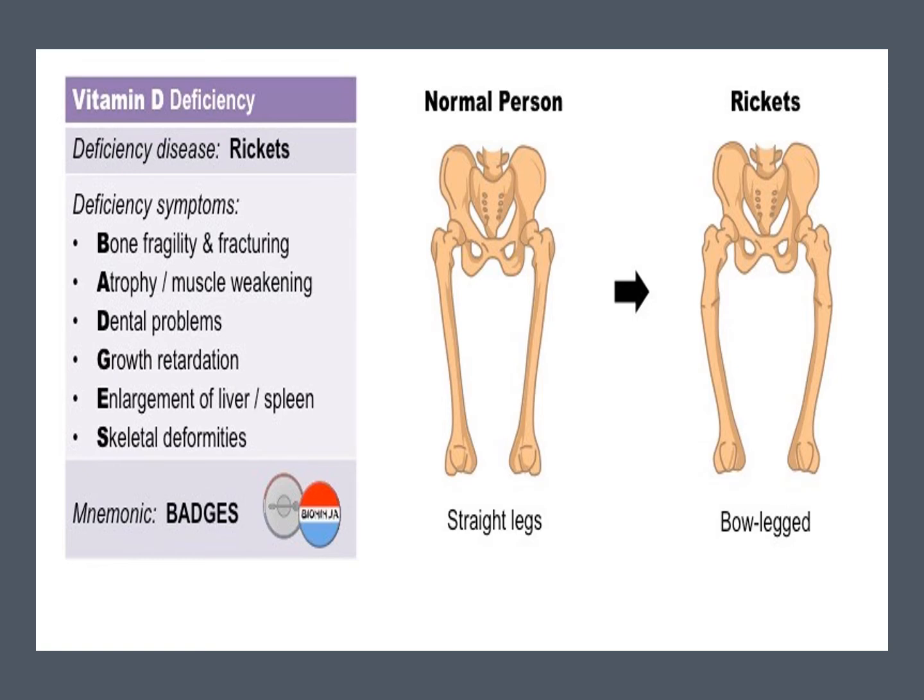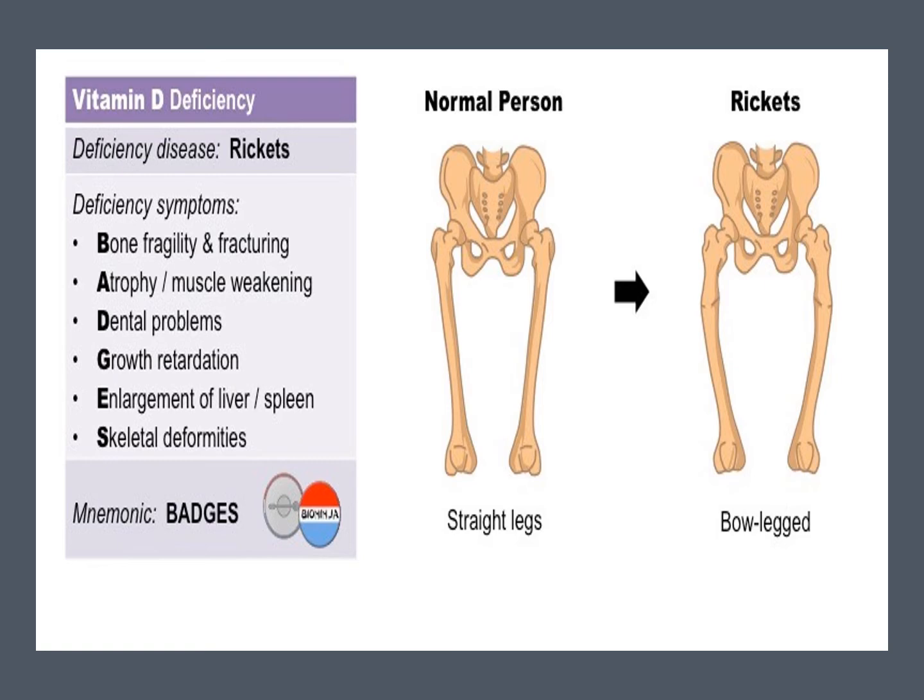So rickets is really poor calcium deposition into the bones, leading to very weak and fragile bones. And if we look at the symptoms, bone fragility and fracturing, so children that have relatively minor injuries that lead to fractures can be a sign of rickets.